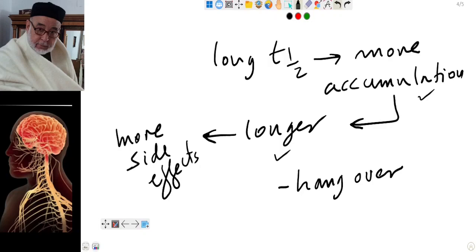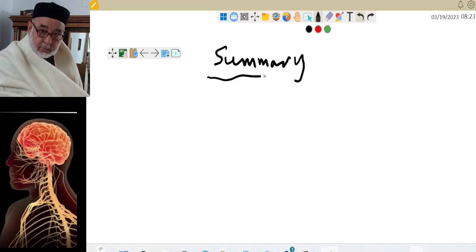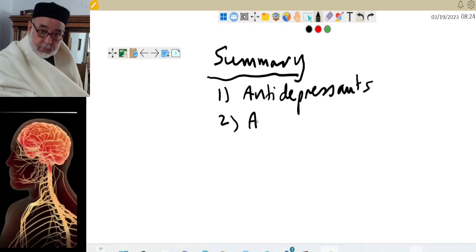So these are the differences in the pharmacokinetic properties of the different benzodiazepines. In summary of today's presentation, we talked about different types of treatment of neurotic illnesses, including antidepressants. The details of the antidepressants, inshallah, we'll talk about when we discuss drug treatment of depression. We said antipsychotics are used as well in certain cases of neurotic illness, and the most important groups are the anxiolytics.